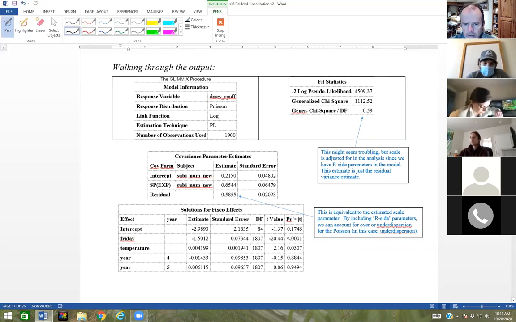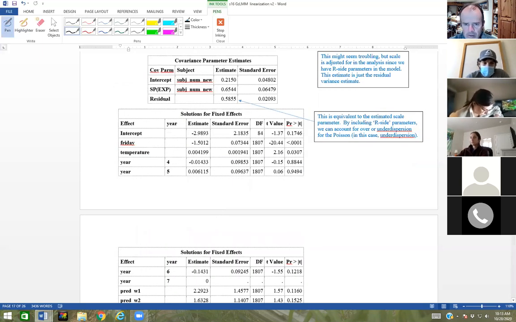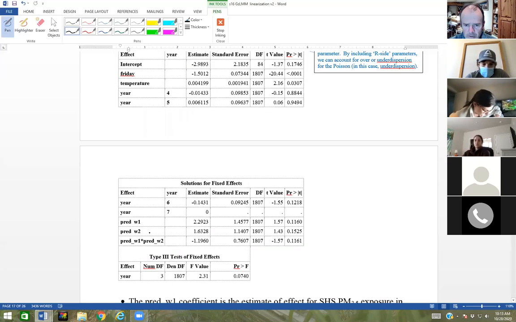So we look at our estimates. We have estimates for Friday temperature, the study year. These are the values that I'm really interested in.